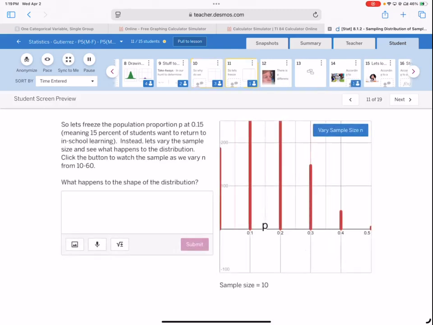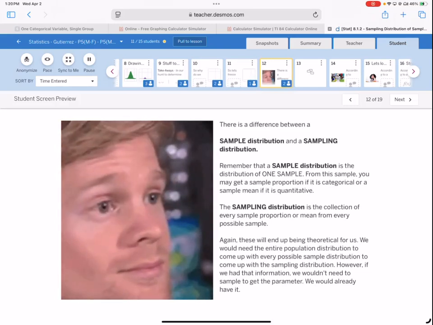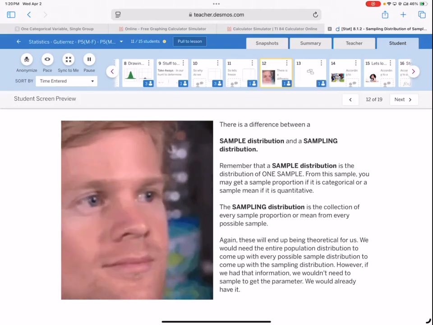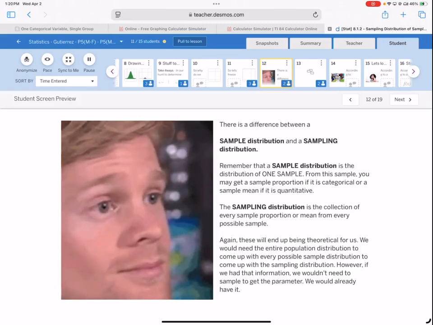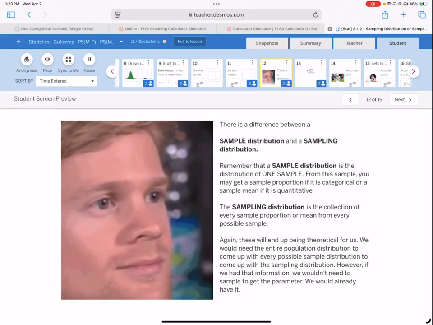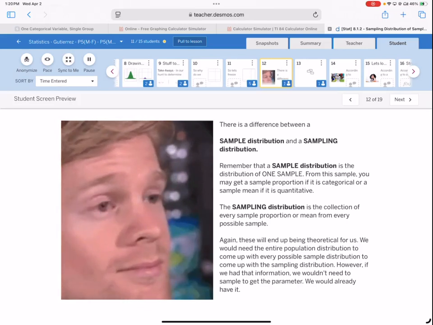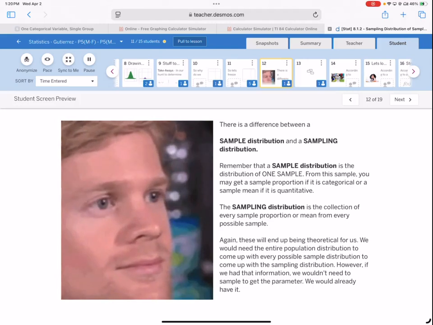Slide 12 is a little bit of summarizing the difference between a sample distribution and the sampling distribution. The sample distribution would literally be how many people said yes and how many said no. The sampling distribution is all the p-hats calculated from all those ones.